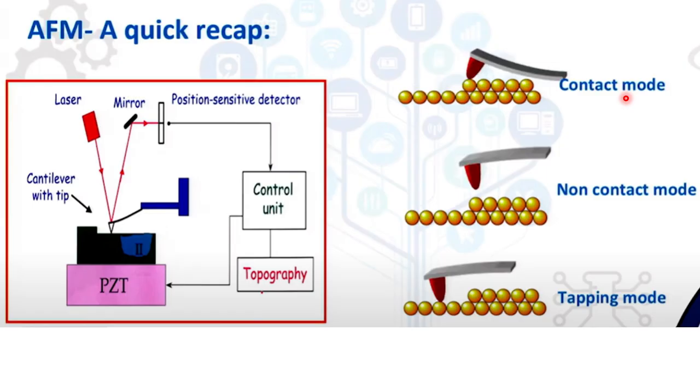If you want to get the idea about what the different phases present are, you should go for the non-contact mode. And if someone is interested mainly in the surface, in that case you can go for the contact mode. But the problem is, in contact mode there is a much higher chance of the cantilever tip being damaged.